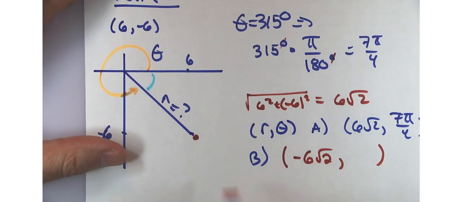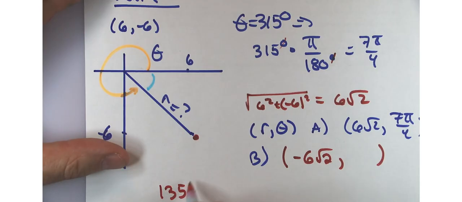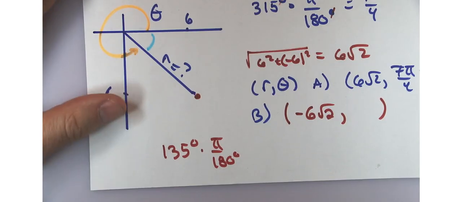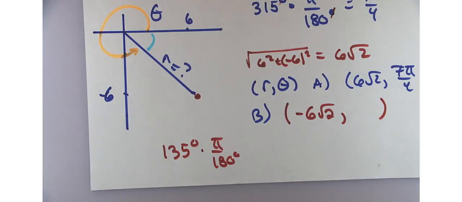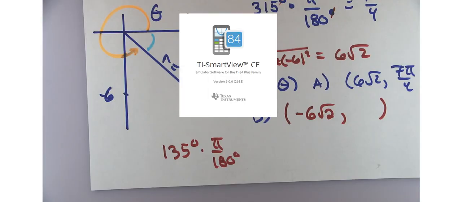So again, 135 degrees times pi over 180. Now, if you're feeling like that's a lot of work, then no biggie. Your calculator can come to your rescue. Let's just leave off the units of pi for the moment. I don't know why this program takes forever to open up, but it does.